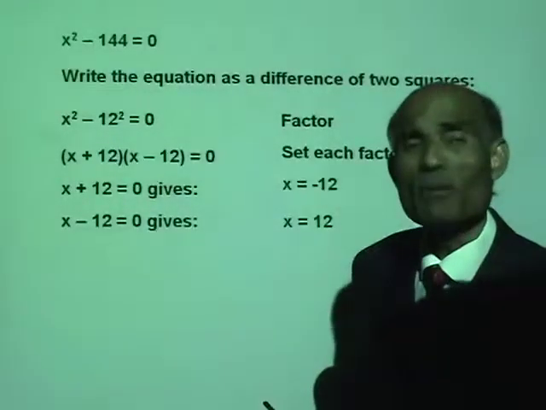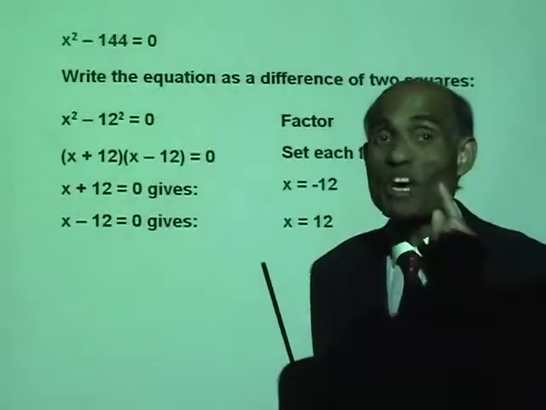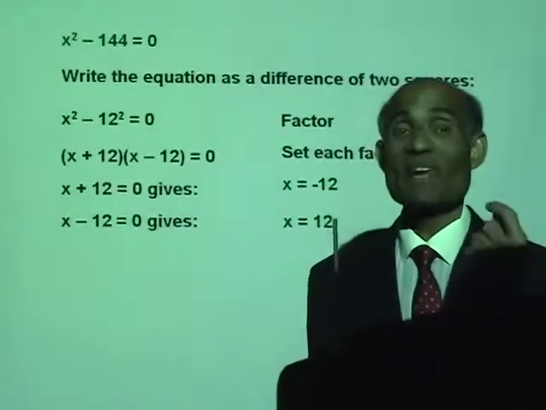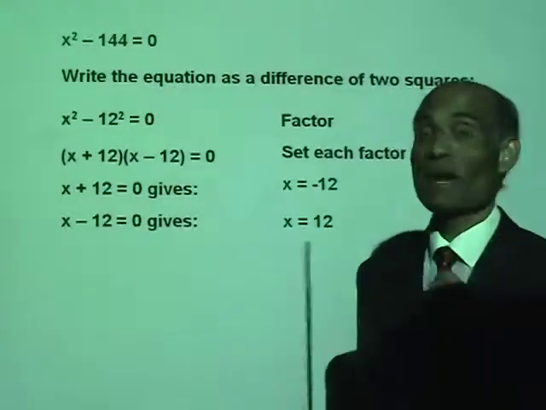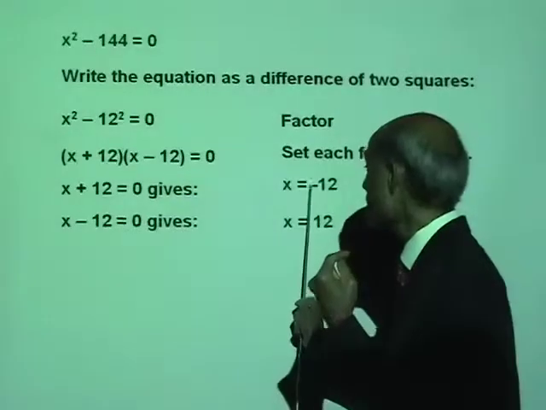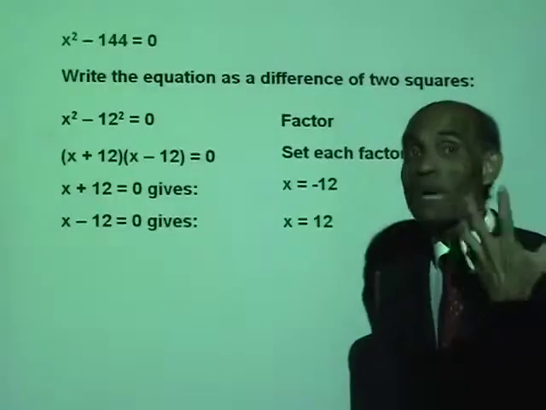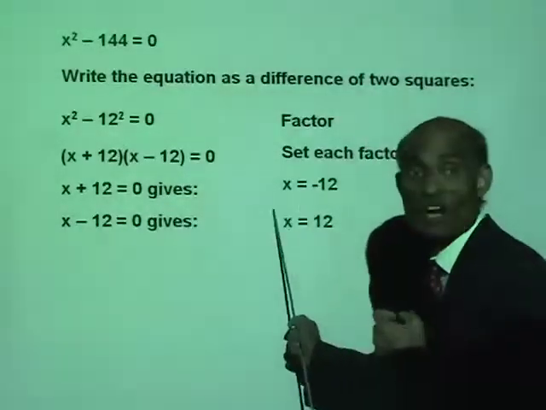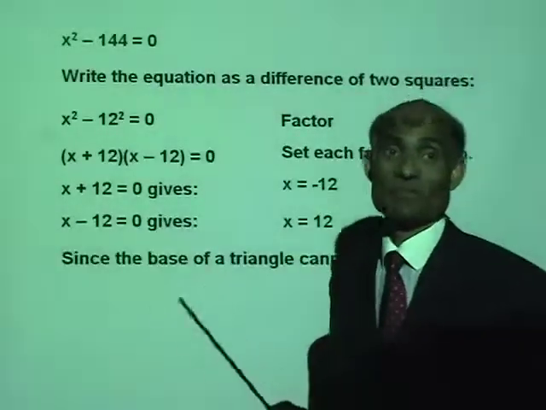Now, what is our aim? Our aim is to find the value of x, and what does x represent? We started by saying that let the base of the triangle be x. Well, the base of the triangle can have only one value. Which of these is going to be the answer for that? The base of a triangle cannot be negative, and therefore we discard the negative value and choose the positive value.